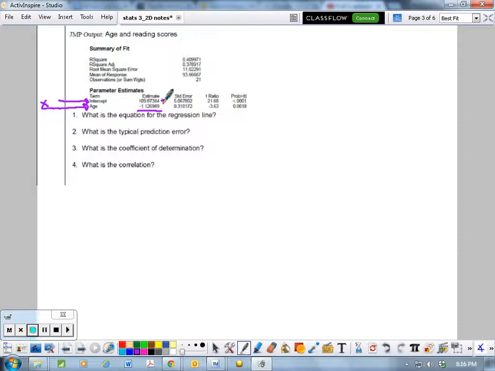So when I write my equation, y hat equals, oh, it's hard to read from so close, 109.87384, and then minus, because my slope is negative, 1.126989x.